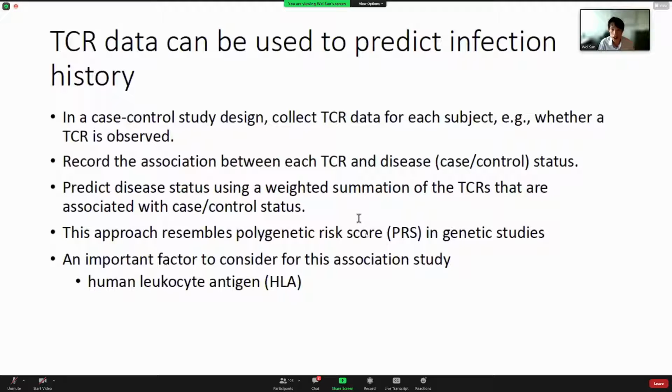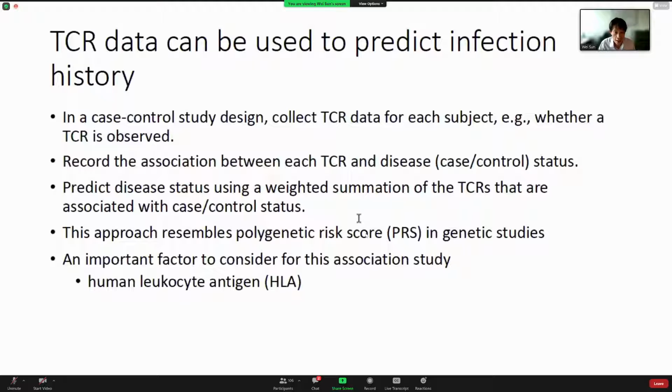We can actually use the T-cell receptor data to predict infection history. Think about a case-control study design, where some cases are infected, and it doesn't have to be a current infection. It could be an infection from months or even years ago. So we can look at the infection history.